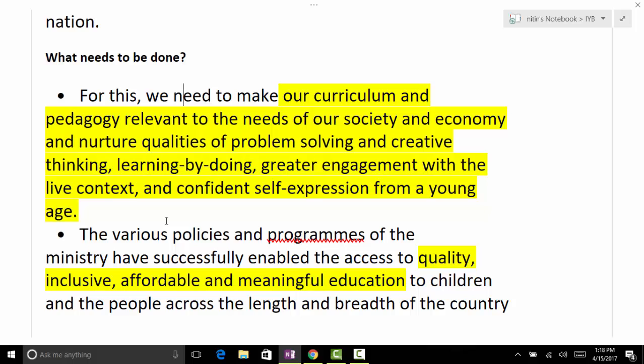So the objective is that education acts as a solution to certain needs of our society and economy, and makes our young minds more confident and able to solve their problems in daily life, so that they can gain something practically from real life.